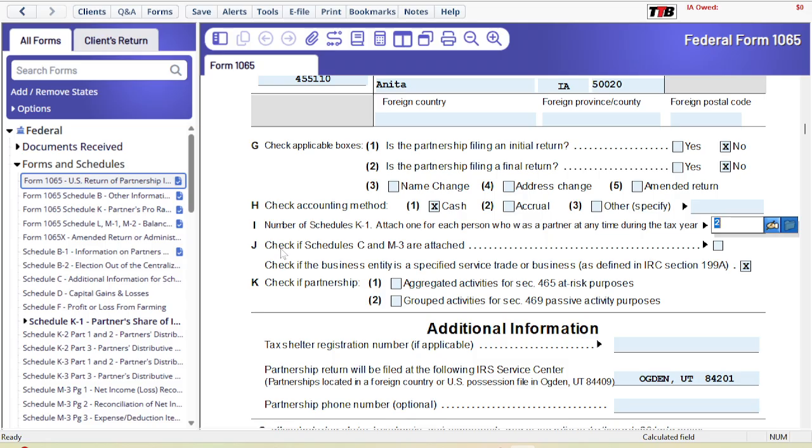Section J, check if Schedule C and M-3 are attached. So we are not going to click on that, but we can go and look a little bit more there.